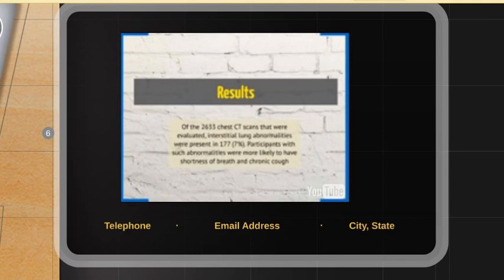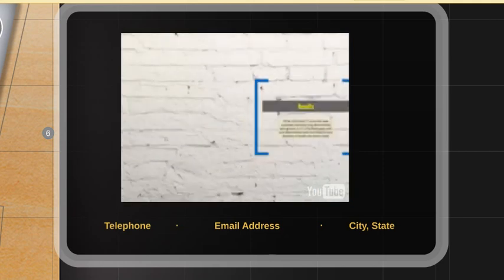The results. Of all the patients' chest CT scans that were evaluated, interstitial lung abnormalities were present in 177, or 7% of the participants. These participants with such abnormalities were more likely to have shortness of breath and chronic cough.